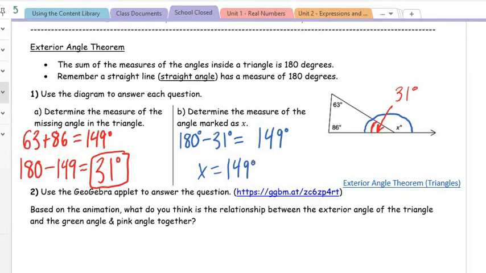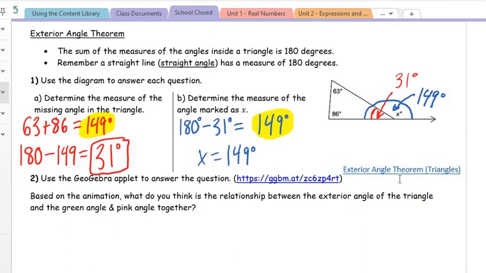Before we move on to number two, I want you to notice something interesting that's going to become exactly what we're using today. We got 149 degrees as the measure of angle X, and when we added together those two angles at the very start of number one, they added to 149 degrees. That's something that we're going to be talking about with the GeoGebra app that you see down below.